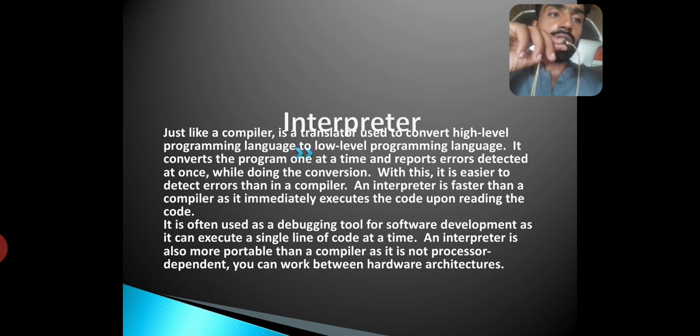An interpreter is faster than a compiler as it immediately executes the code upon reading the code. It is often used as a debugging tool for software development as it can execute a single line of code at a time. An interpreter is also more portable than a compiler as it is not processor dependent. You can work between hardware architectures.